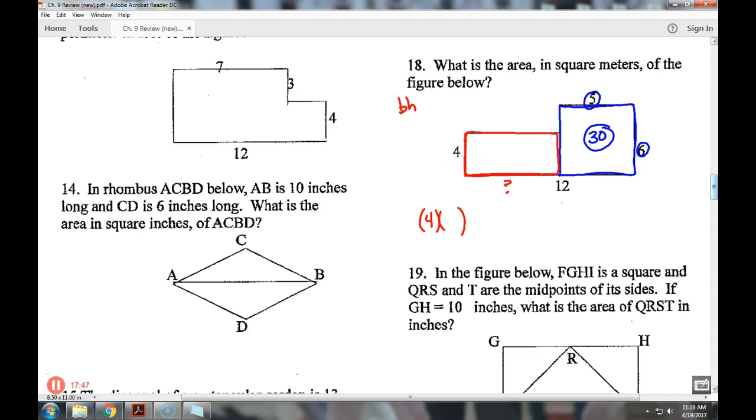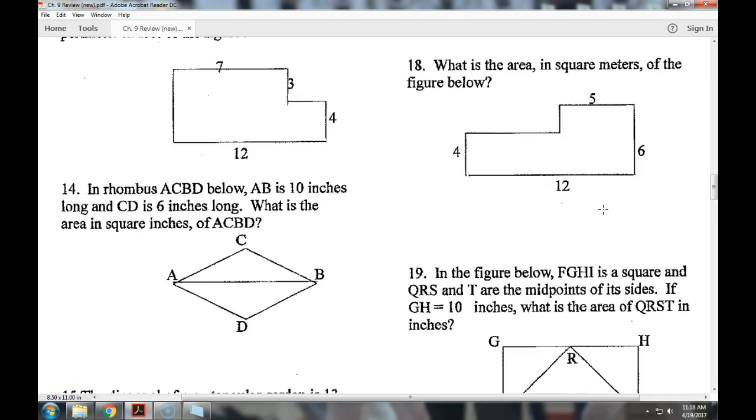But I used a clue. Since it's 12 all the way across, and this is 5, subtracting those numbers means this little piece has to be 7. So 4 times 7 is 28. Add those together for a grand total of 58 square meters.